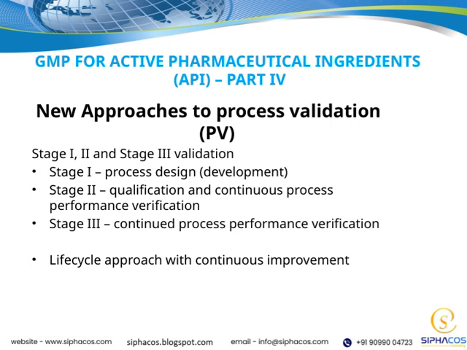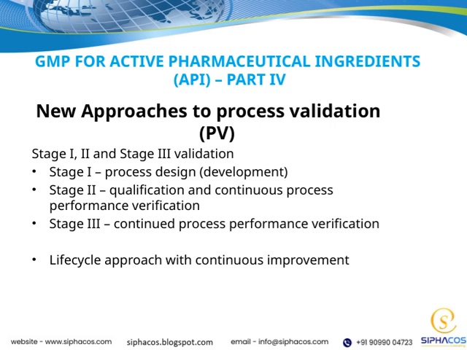What's important here is the life cycle approach that underpins these stages. Instead of thinking of validation as a one-time event, we see it as a continuous journey, an ongoing cycle of assessment and improvement. This approach aligns perfectly with good manufacturing practices for active pharmaceutical ingredients, or APIs, especially as we move into Part IV of GMP guidelines.